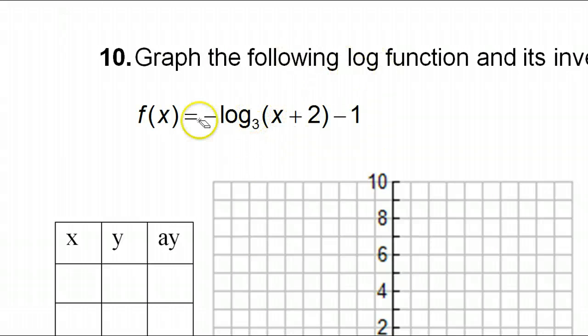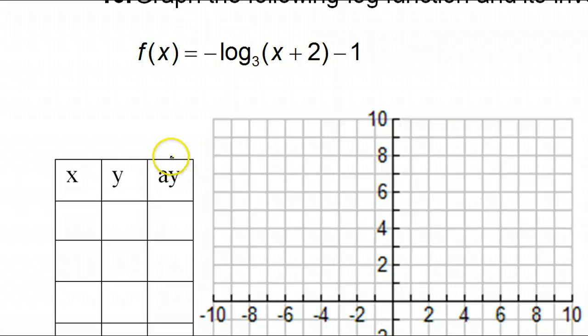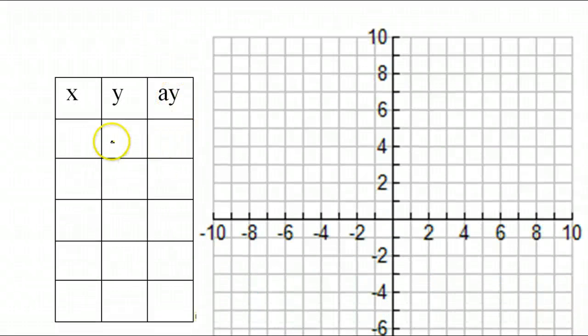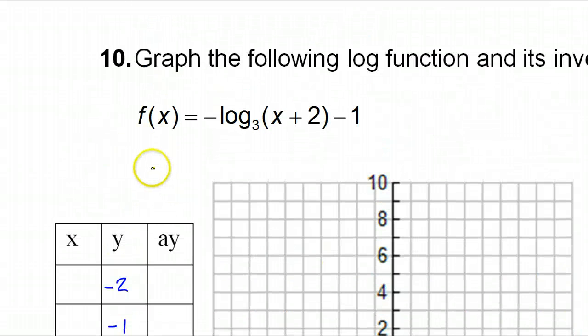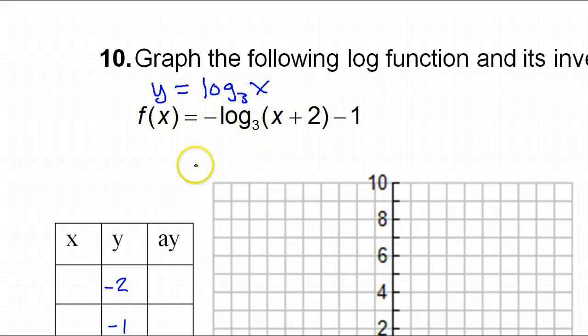First, we'll just graph the log function like we normally do. Starting with the y values, -2, -1, 0, 1, and 2. Okay, it helps to look at the parent function, y is equal to log base 3 of x, because we're going to start by graphing that.